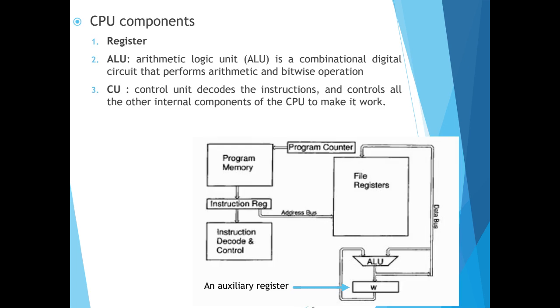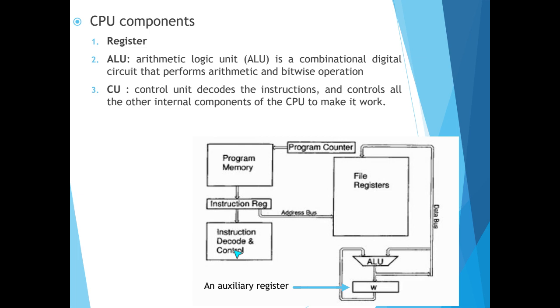Also, the CPU includes some components. One of the main components related to the CPU is registers, program counter registers, file registers, and all of them are inside the CPU. I'll talk about the registers in the next slide, but about the other elements that you see here, ALU and CU, which are the main components of the CPU.